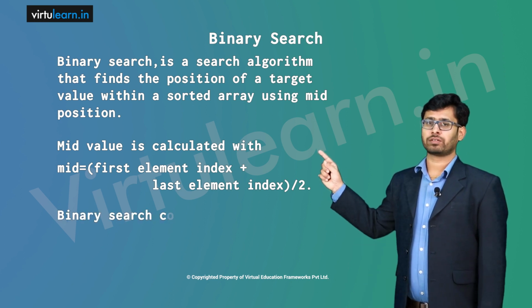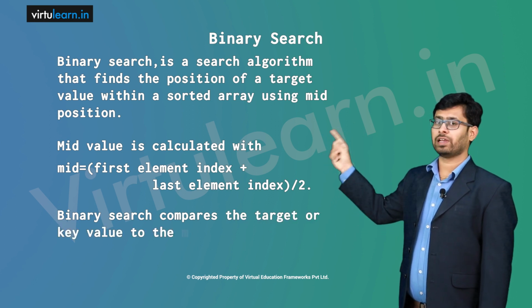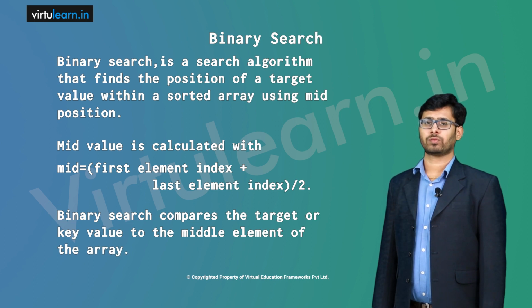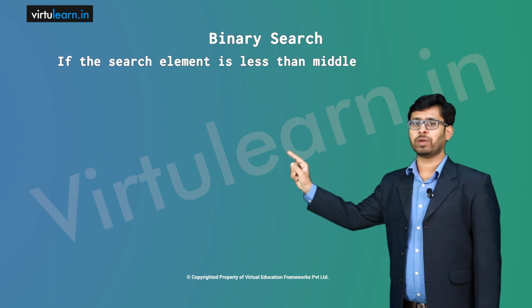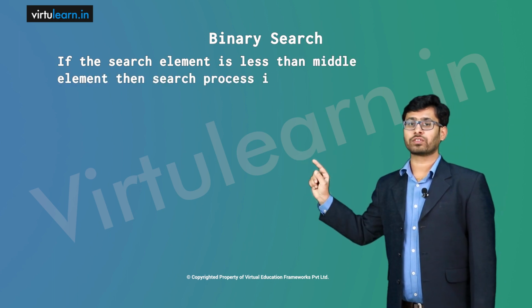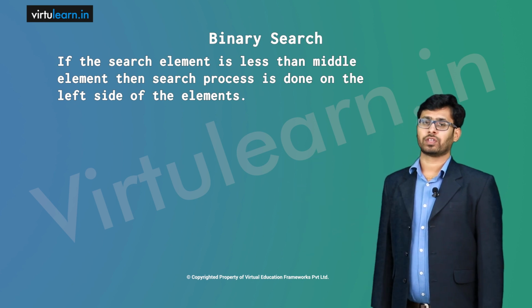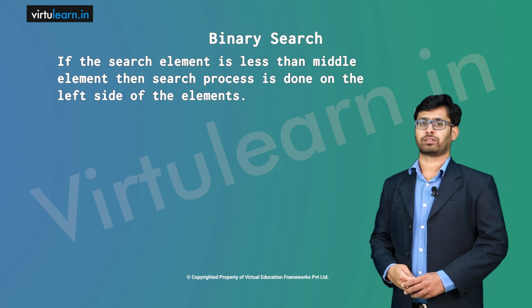Binary search compares the target or key value to the middle element of the array. If the search element is less than the middle element, then the search process is done on the left side of the element.